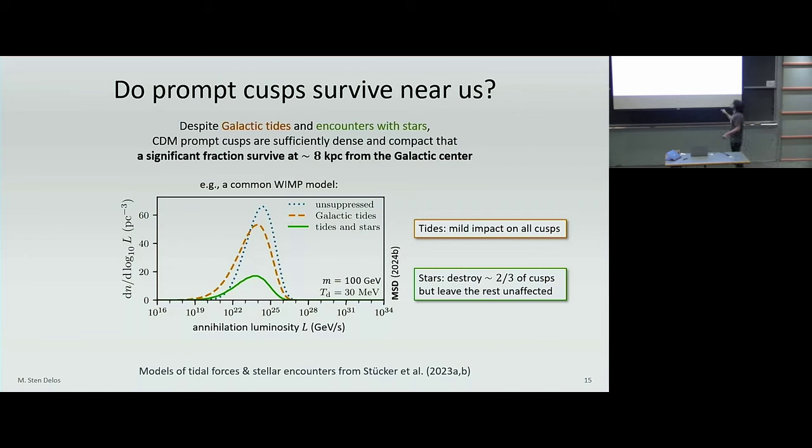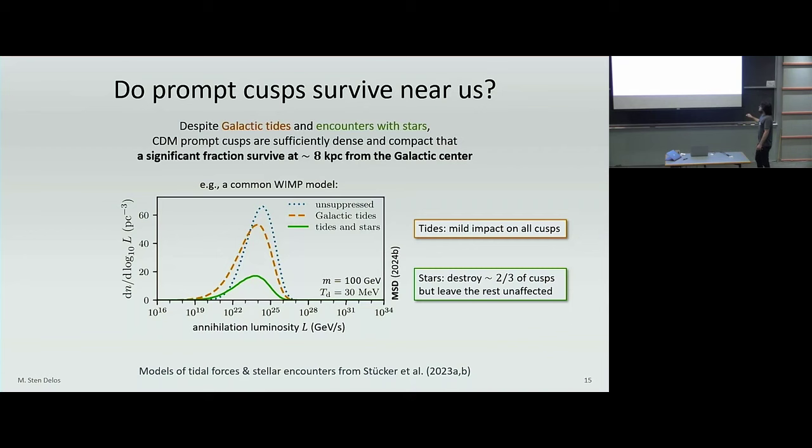The dashed line is if you account for tidal forces. So what happens is you get a mild effect on all of the prompt cusps. And then the solid line is if you account for encounters with stars. What's happening here is that about 2/3 of the cusps are essentially destroyed, but around 1/3 of them are pretty much unaffected.